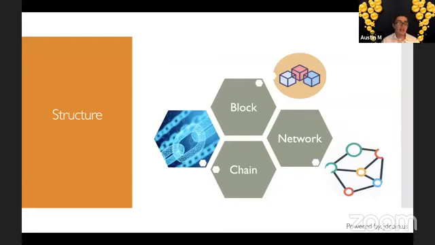And then we have chain, which is a hash that links one block to another, mathematically chaining them together. This is one of the most difficult concepts, in my opinion, in blockchain to comprehend. Think of it as almost that magic glue that sticks two blocks together and allows them to create mathematical trust.